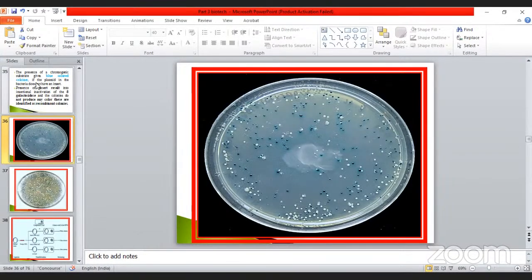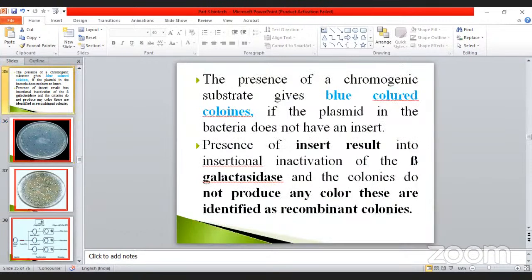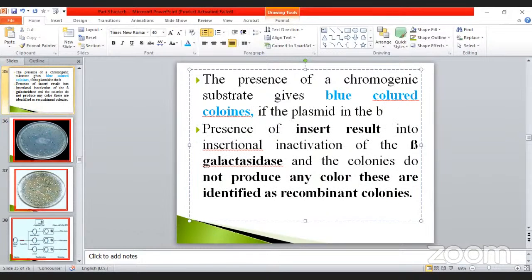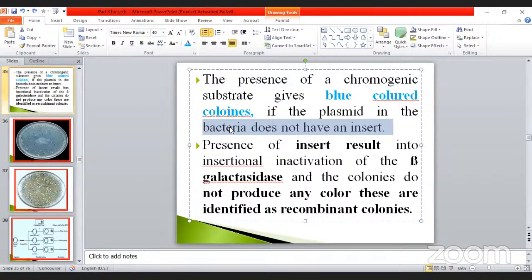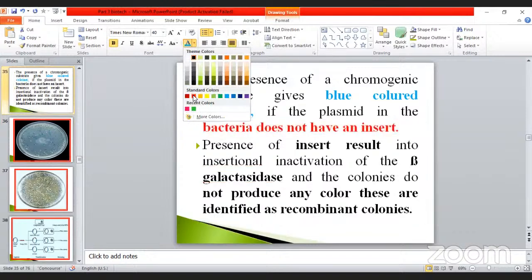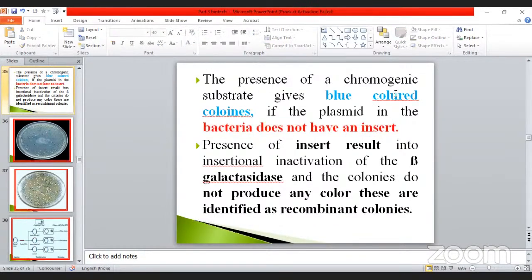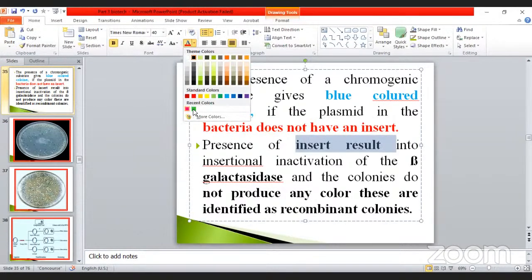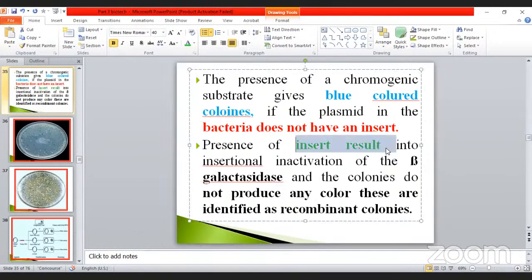The presence of chromogenic substrate gives a blue color colony if the plasmid in the bacteria does not have an insert. If no insertion is done, it looks blue in color. Suppose something is inserted, as a result, what happened?